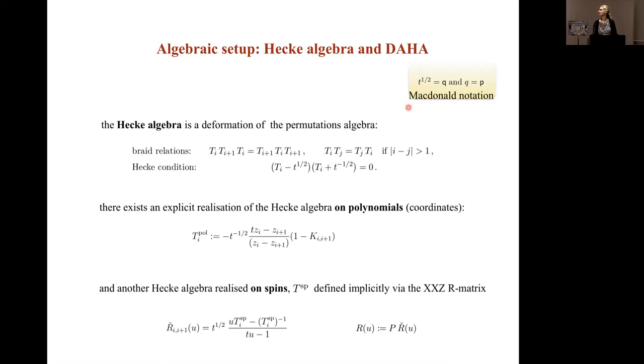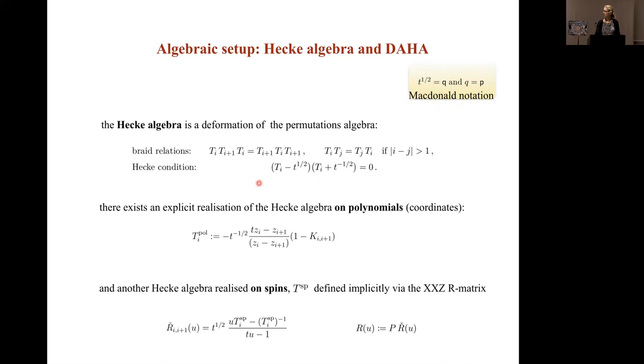So what was Q for the Q deformation now becomes T, square root of T in a notation of a different field, and what was called P now is called Q. But I hope you'll not get very confused.